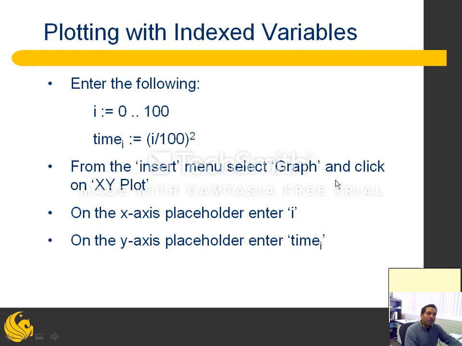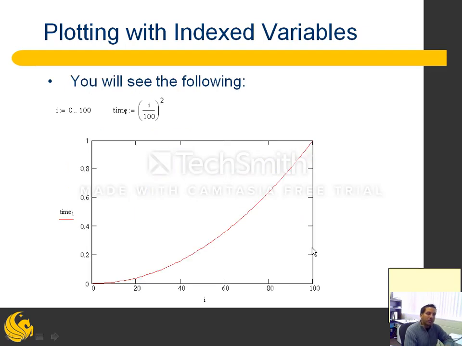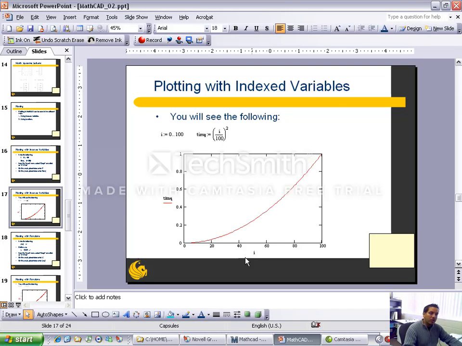Then from the insert menu we select graph, and then XY, and on the X axis we enter i, and on the Y axis we enter time i. This is what we'll see: just a quadratic function from index 0 to index 100, with time going from 0 to 1, because 1 squared is 1. So let's see how that works.